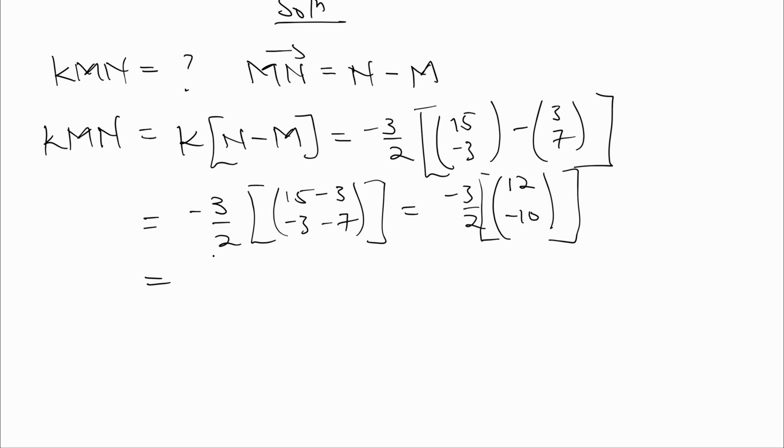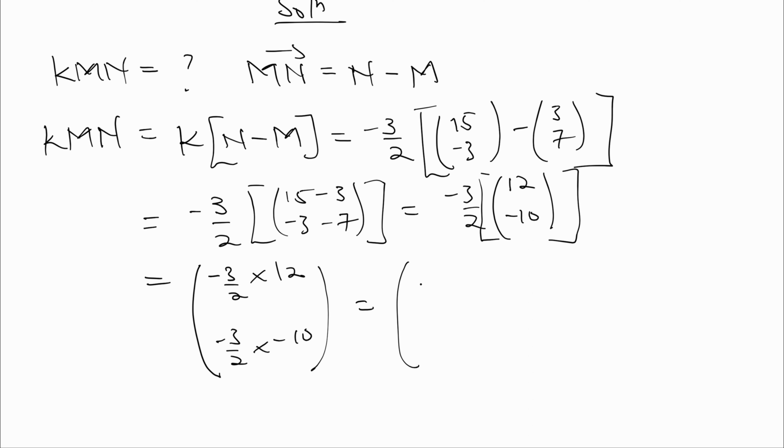This is equal to -3/2 times 12 and -3/2 times -10. 2 goes into 12 6 times. 6 times -3 will give us -18. 2 goes into 10 5 times. -3 times -5 will give us 15.